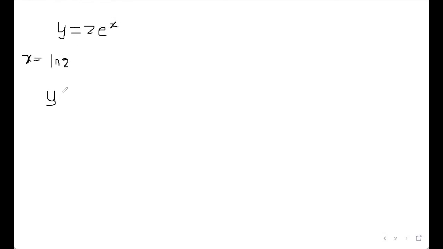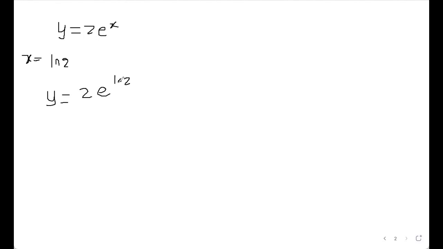So we have y equals 2e to the ln 2. Now when we have e raised to the ln 2, this can be worked out.